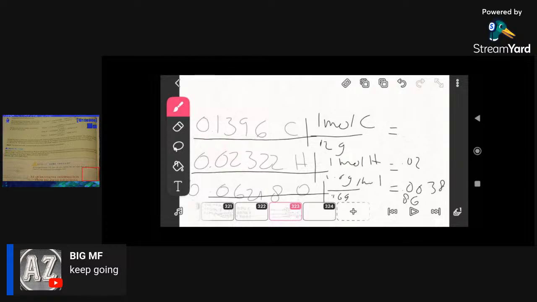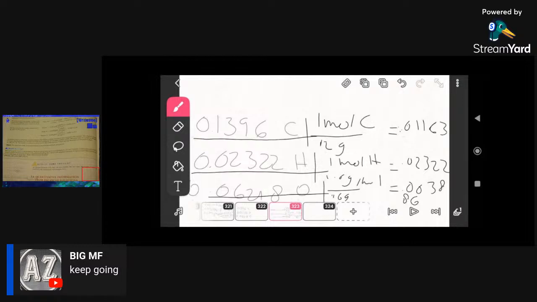0.02322. And this one's going to equal 0.01163.